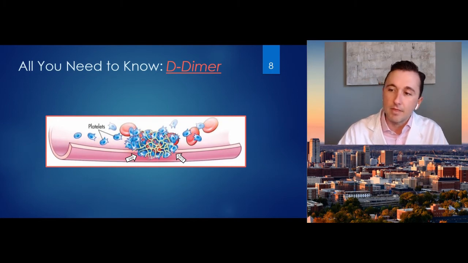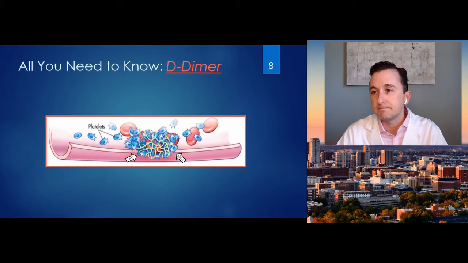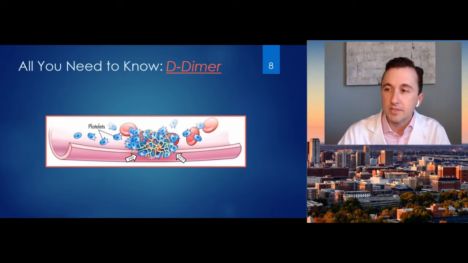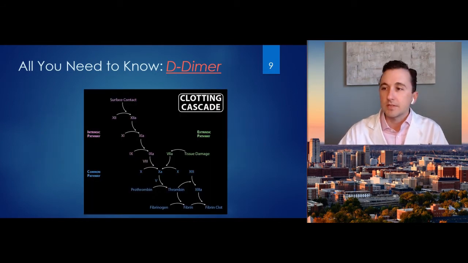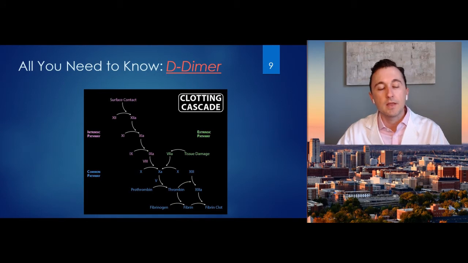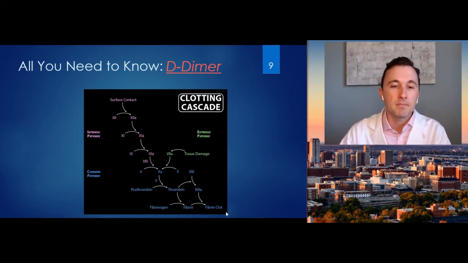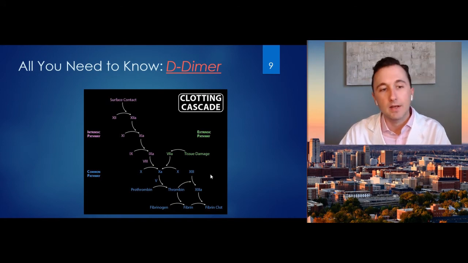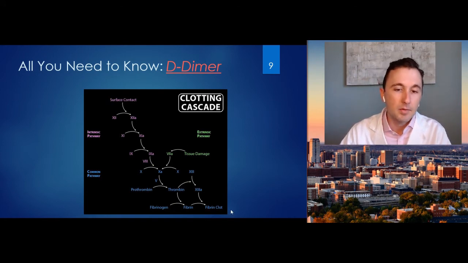Now, if there is a term called primary hemostasis, then that means we got to have a secondary hemostasis, right? So I'm not going to go through this entire cascade, but really all you need to know is that vessel injury, which is where the surface contact comes into play, occurs, and that goes through this entire coagulation cascade. There's the intrinsic pathway and an extrinsic pathway and a common pathway.